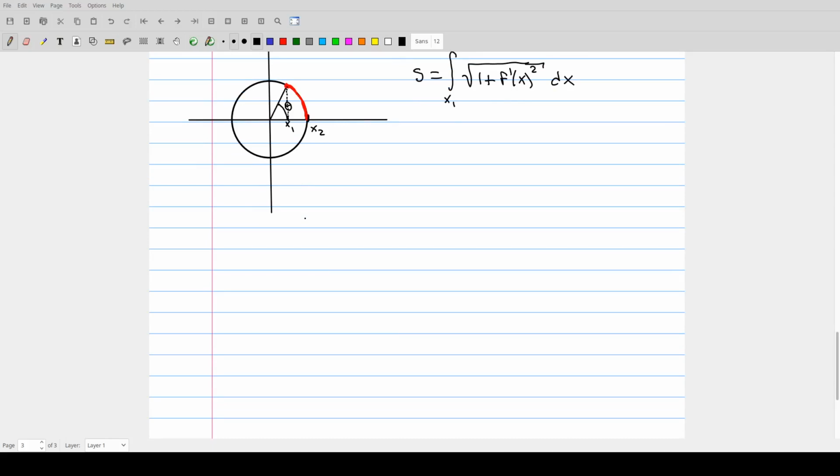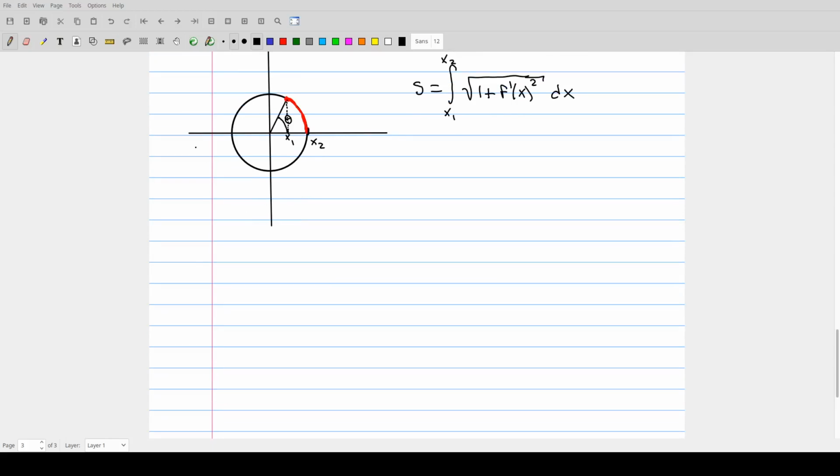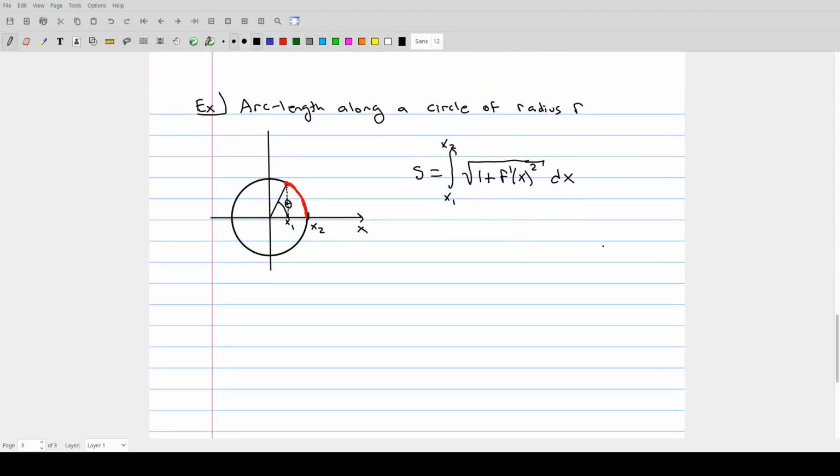In order to figure out what f of x is, we need to take the circle equation and solve for y. Remember, this is the x-axis, and this is the y-axis.